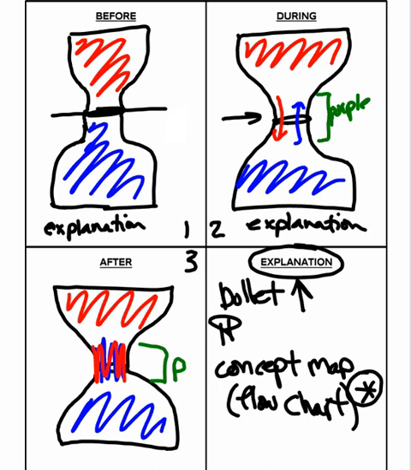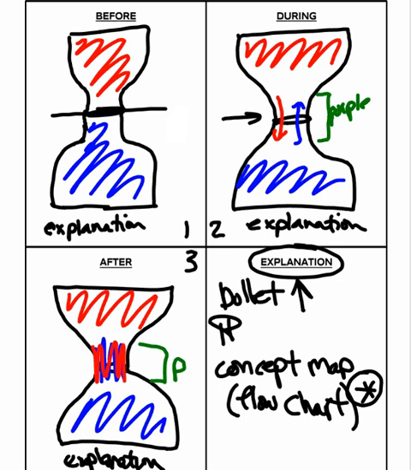You guys get my point. What's going on in this particular picture, and then the explanation in the explanation box is the actual full explanation and description of what's going on.